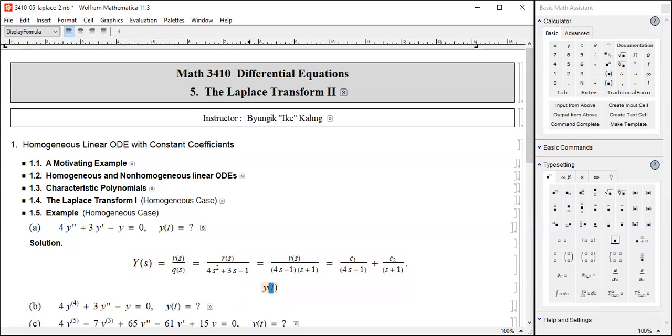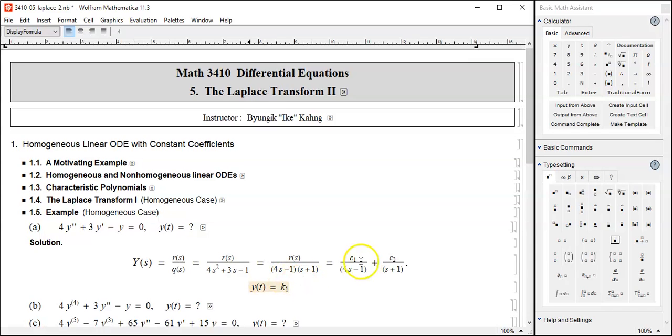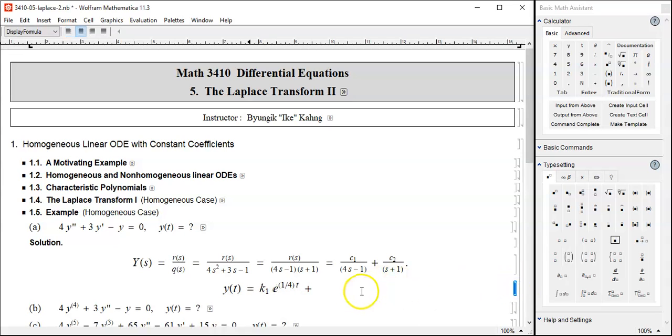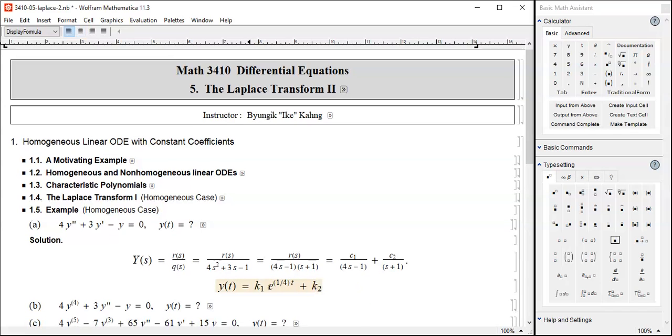Therefore, what is phi of t? It's going to be some constant related to C1 in this particular case, and then e to the, when does this thing become 0? 1/4 t. Let's expand the font a little bit. And then k2 e to the negative 1 t.